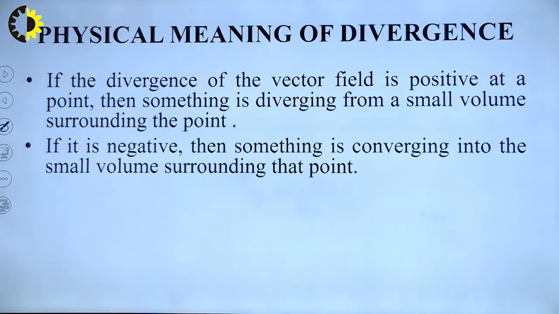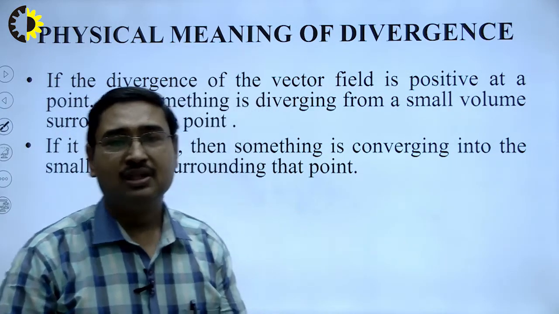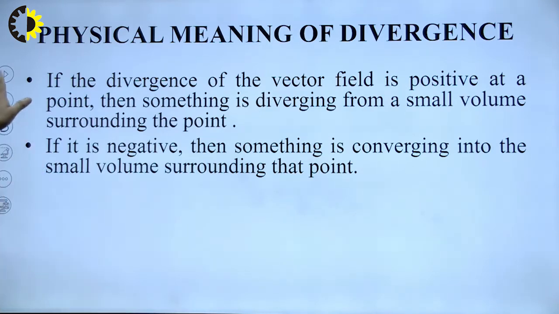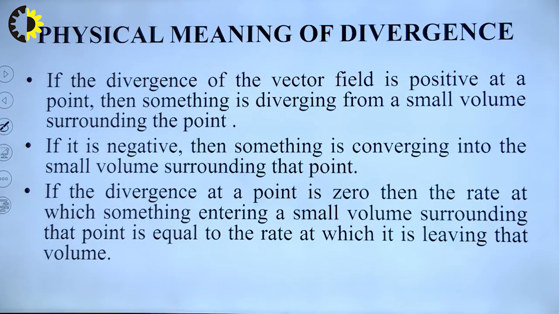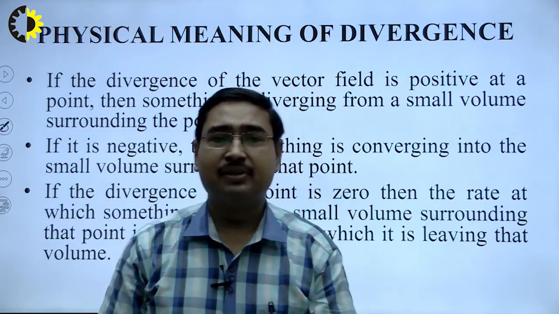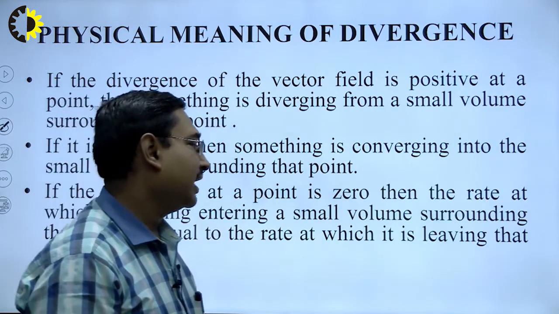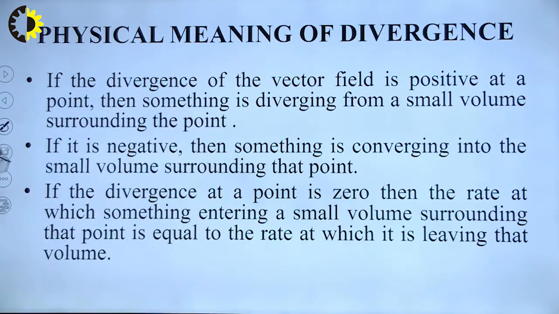If it is negative, then something is converging into the small volume surrounding that point. And if the divergence at a point is 0, then the rate at which something is entering a small volume surrounding that point is equal to the rate at which it is leaving that volume.